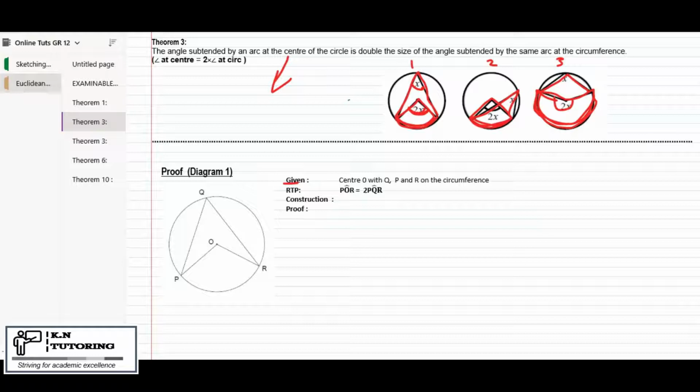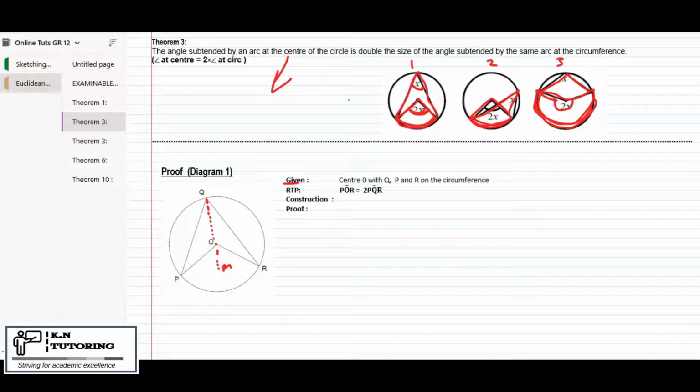Okay. And then in terms of construction, and I want you to listen carefully, we're going to join Q to P and then prolong to, I will just choose any point, I'll write this as M. Okay, so we join Q to O, but you don't stop there, you prolong to M. So M is just any point in the middle of the circle.